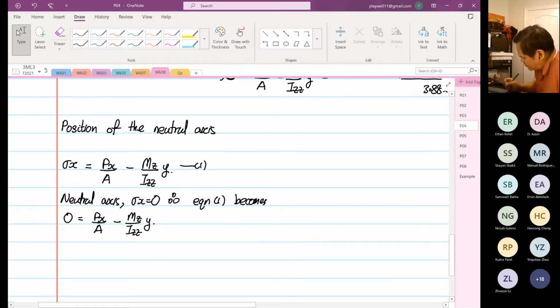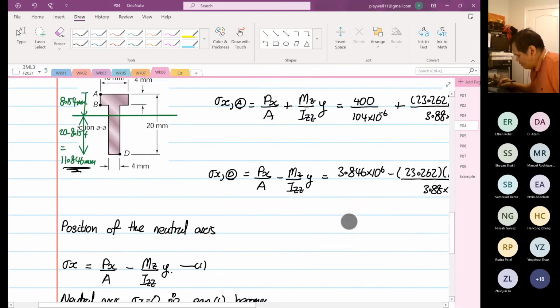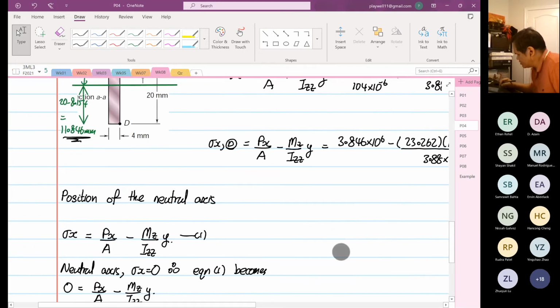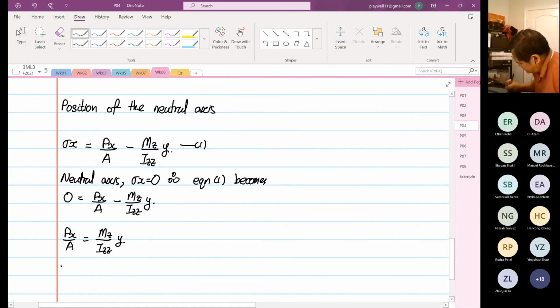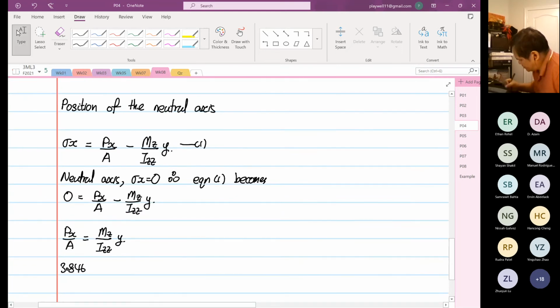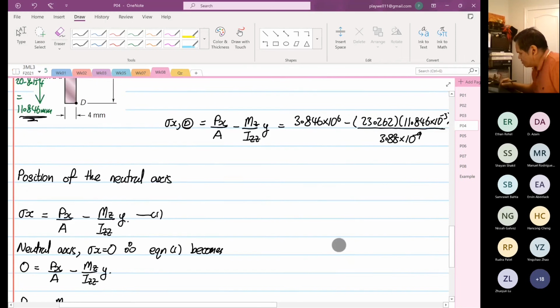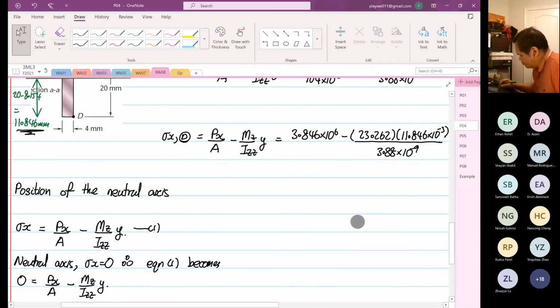Okay, so Px over A is equal to Mz over Izz multiplied by y. Okay, so now after this, we know Px over A is equal to what? 3.846 times 10 to the power 6. And our Mz is equal to 23.262.